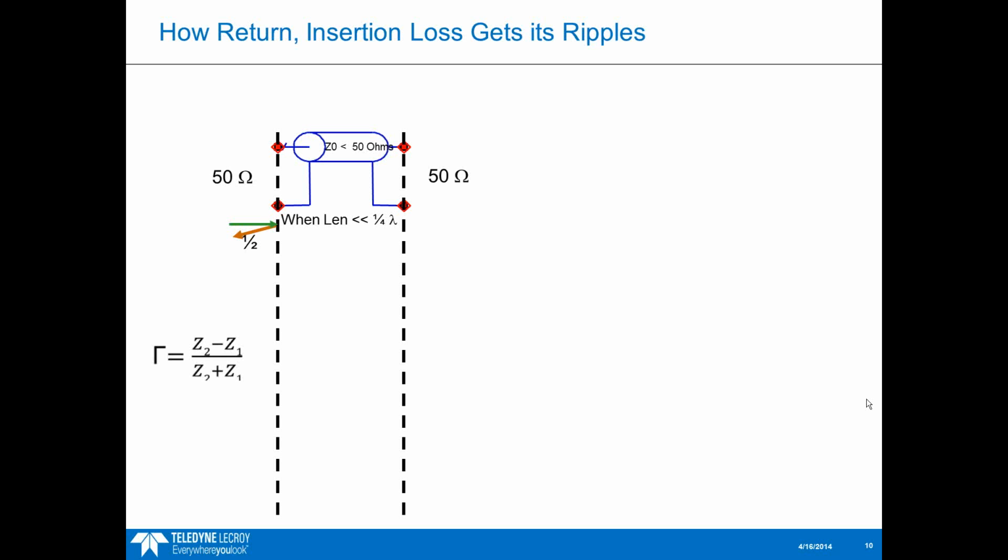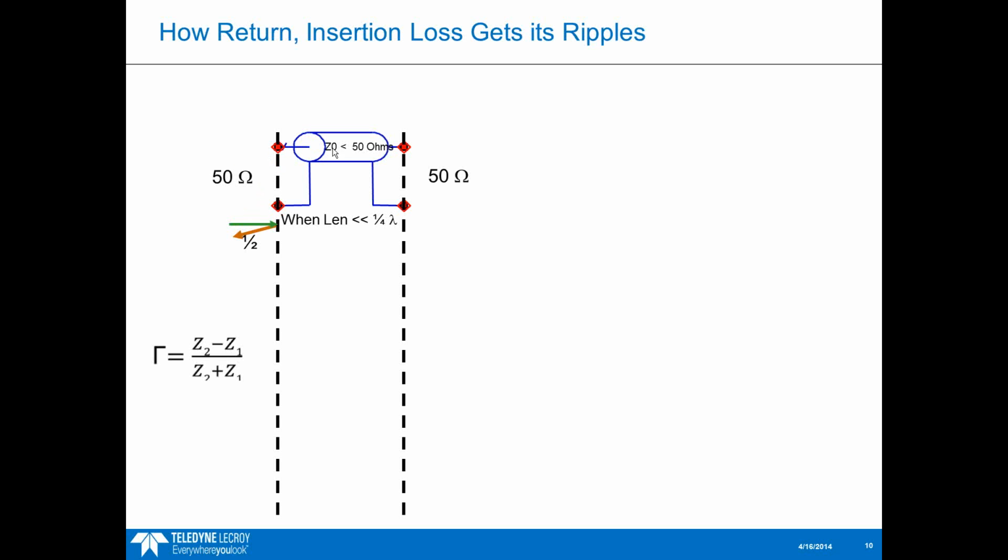When it reflects, we get a phase change based on the reflection coefficient calculation. You take the second impedance, which is 30 ohms for the interconnect, minus the first impedance, which is 50 ohms, divided by the sum. Basically, we get a negative number, which indicates a half-wave, or 180-degree, phase shift on the reflection.